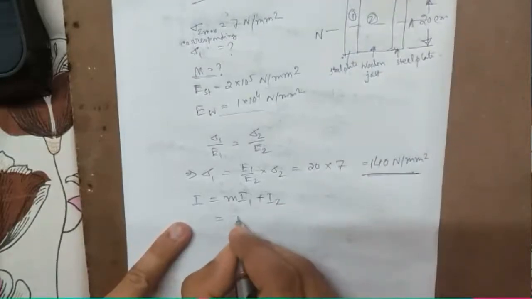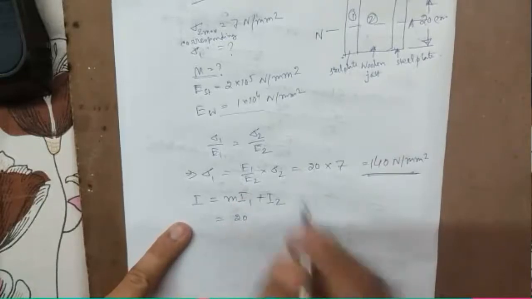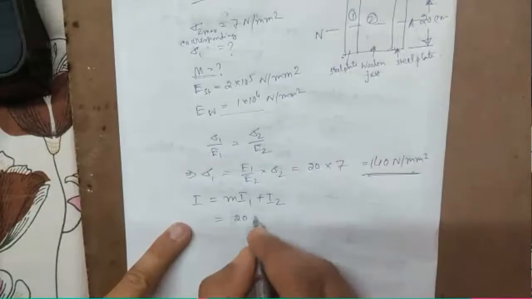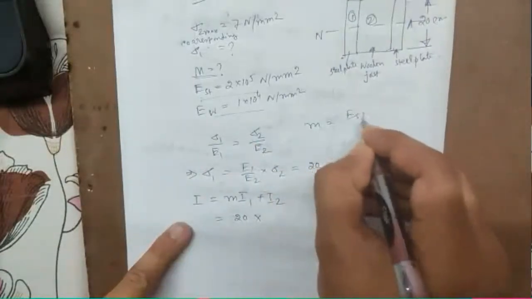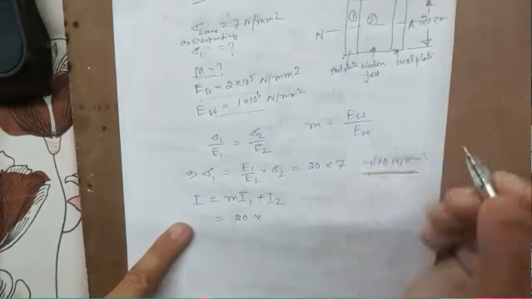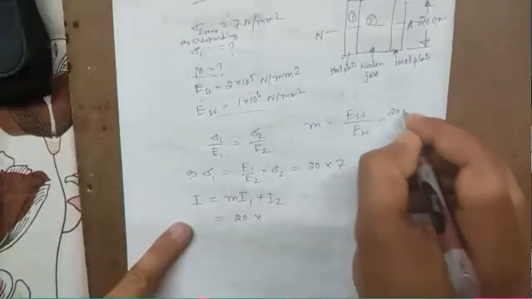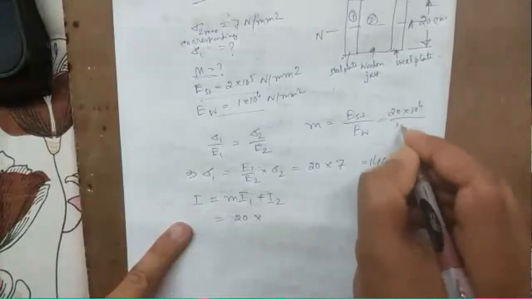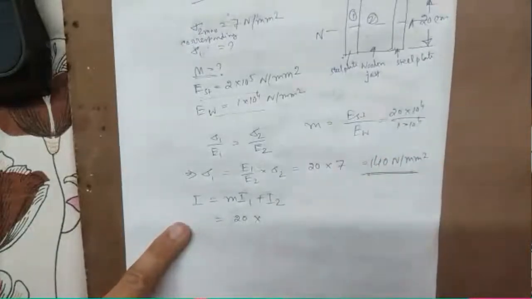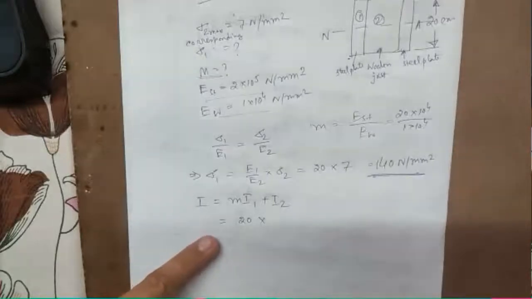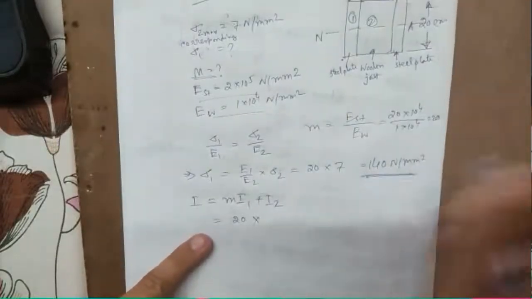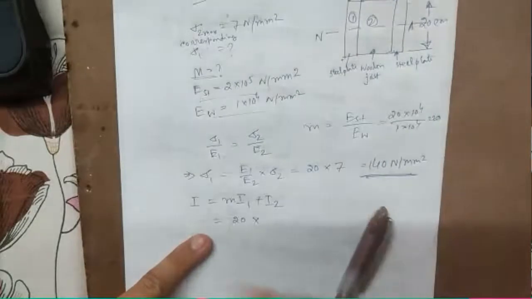M is E1 by E2 and which is 20. From we can understand these values are given. M is equal to E steel by E wood, that is 20 into 10 to the power 4 by 1 into 10 to the power 4. Unit will be crossed down each other. So this finally becomes 20. We put the value here, 20.